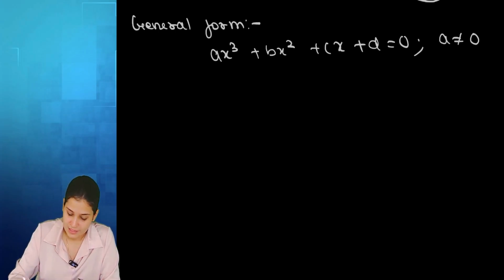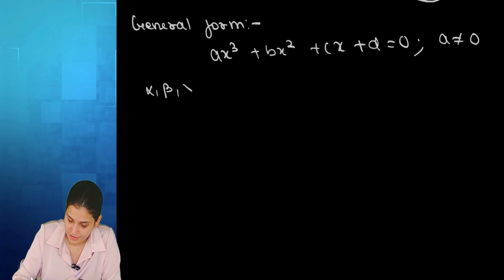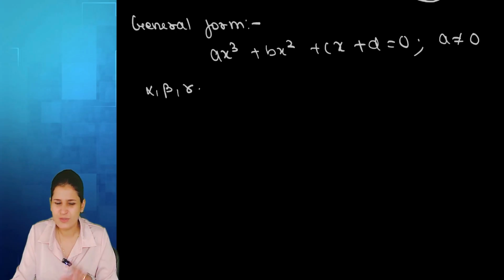3. Let them be alpha, beta, gamma. You can use any other letters, p, q, r, also. Alpha, beta, gamma. So now from here we need to remember for 1 or 2 sums only.